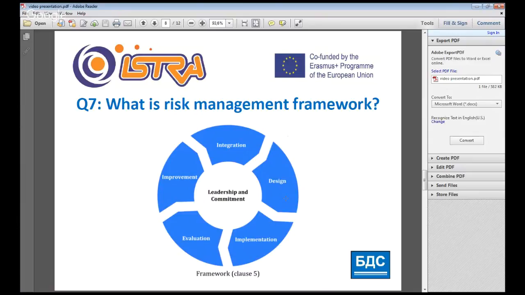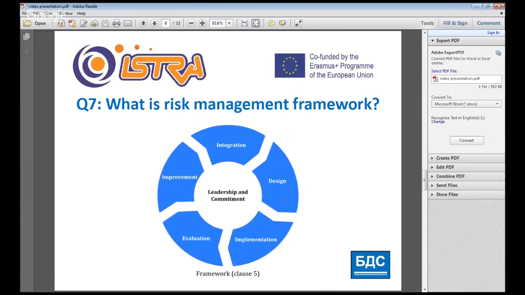The implementation of improvements should lead to constant improvement of the suitability, adequacy, and effectiveness of the risk management framework and the way the risk management process is integrated.